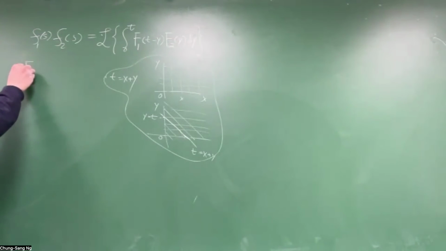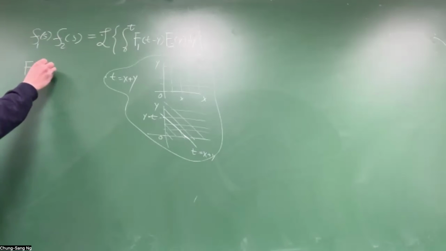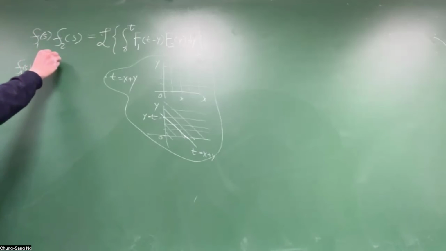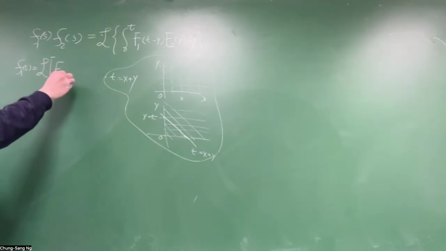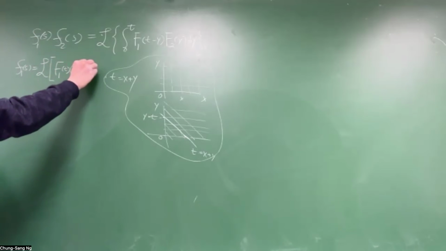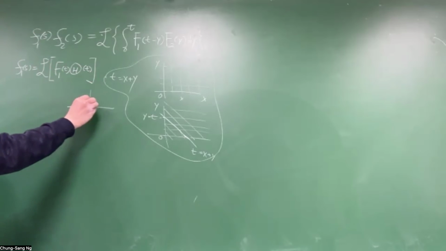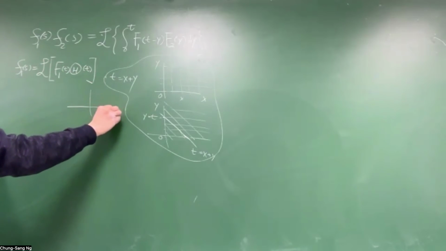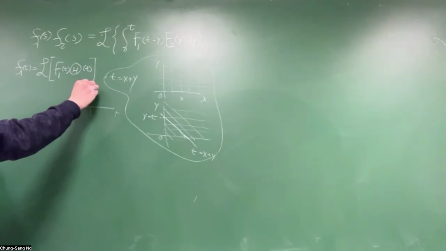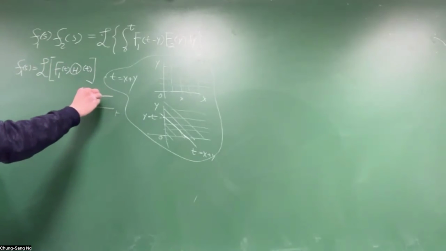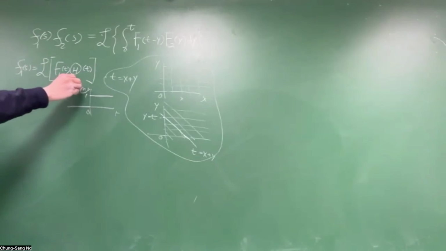So f1(s) is the Laplace transform of f1, a function of t, but multiplied by a step function of t. We define the step function as 0 for negative argument and 1 for positive t.